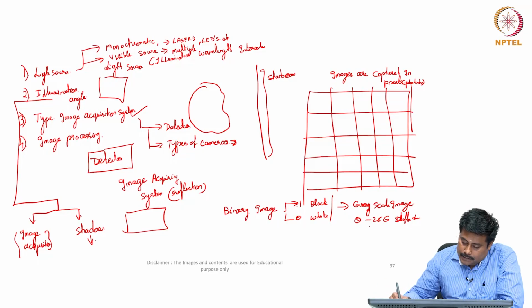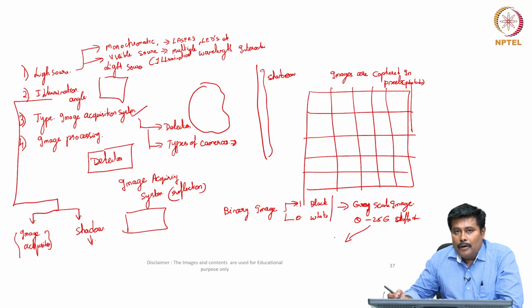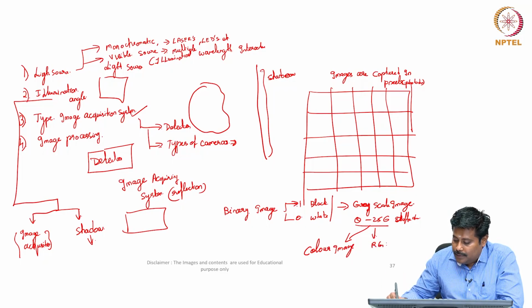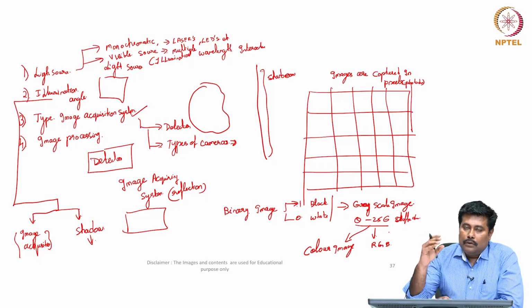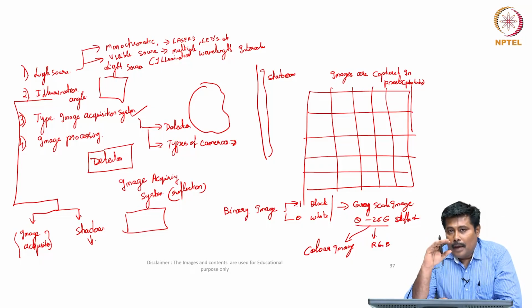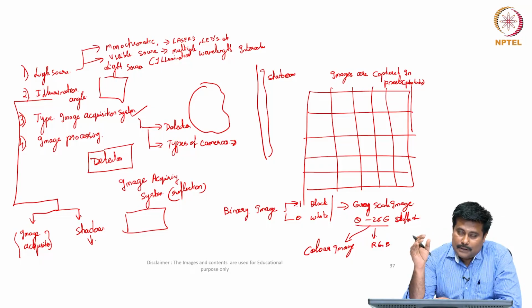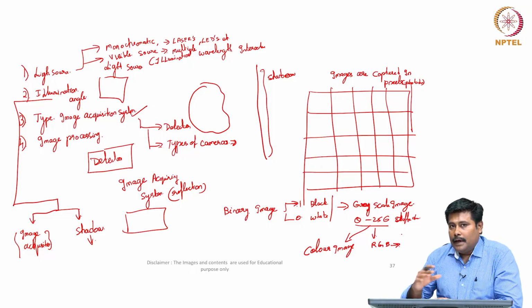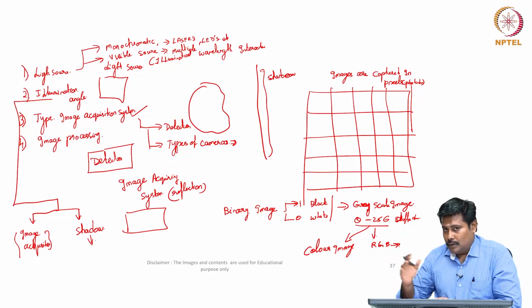Now, these grayscales can be converted into color images, where these shades of gray are converted into RGB. Appropriate intensity mappings are done with reference to these RGBs, and through this intensity mapping, we get the images we are looking for.